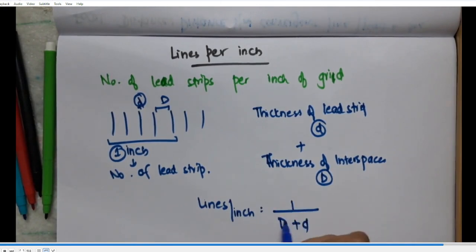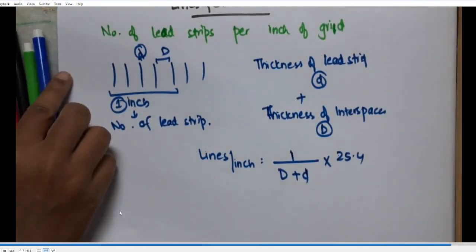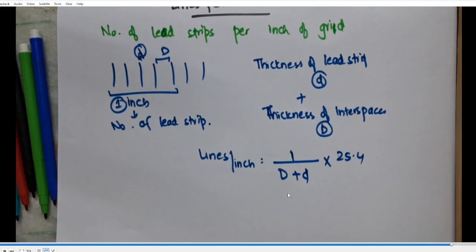Because the thickness of the lead strips and interspaces is usually expressed in millimeters, the answer should be multiplied by 25.4, which is millimeters per inch. So the final equation is: lines per inch equals 25.4 divided by the sum of the thickness of the lead strips and the thickness of the interspaces.